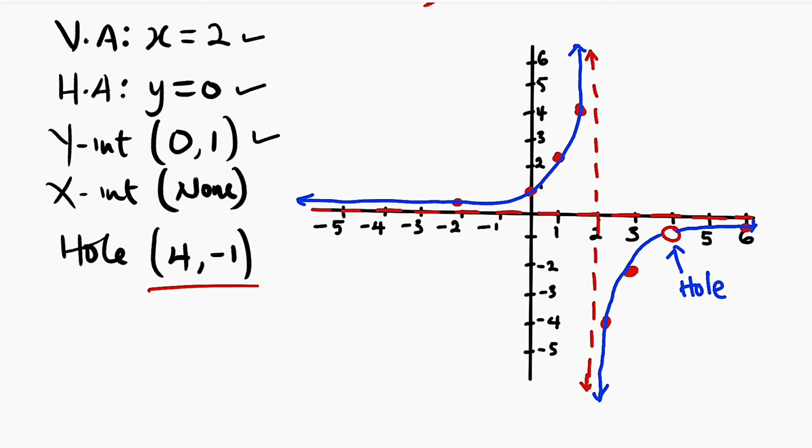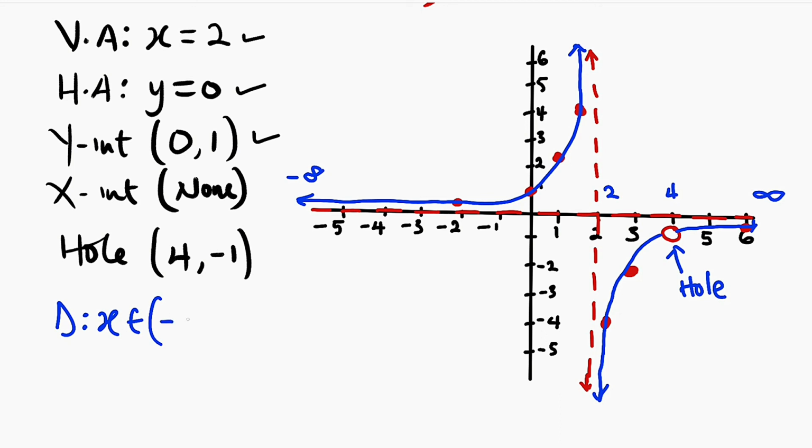Let us find the domain and the range. Domain, remember they are the possible values of x. All we have to exclude is the vertical asymptote and the x coordinate at the hole. So we have from negative infinity up to 2, then the coordinate of x at the hole is 4, then up to positive infinity.